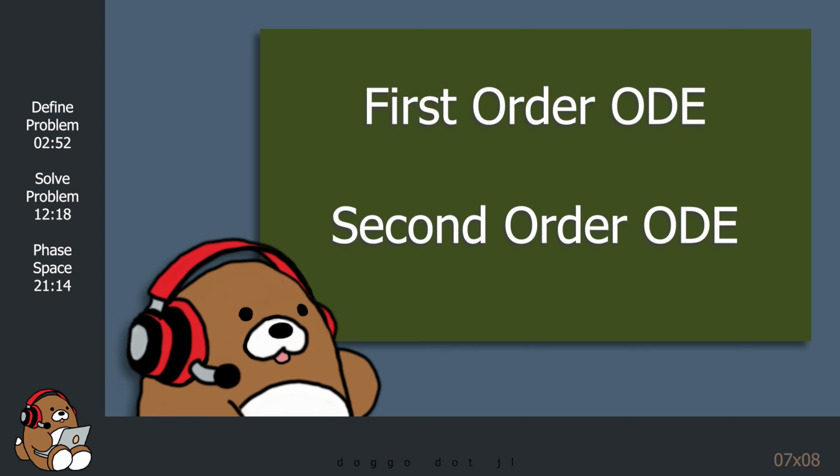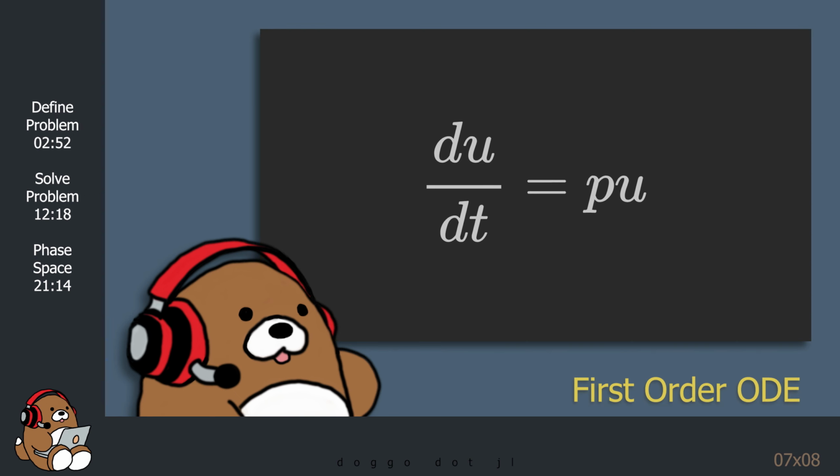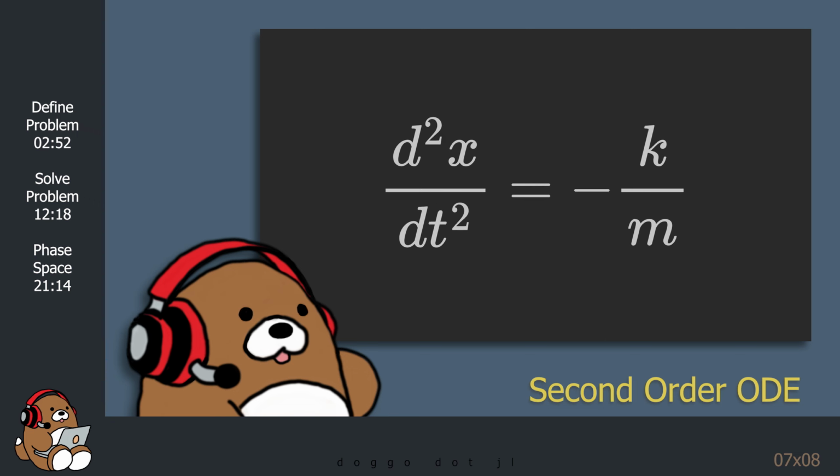By now, you should be comfortable using the DifferentialEquations.jl package to solve both first-order ordinary differential equations and second-order ordinary differential equations. But so far, every example that we've seen has been a single differential equation. In some cases, a single differential equation is not sufficient to explain how something is changing over time.